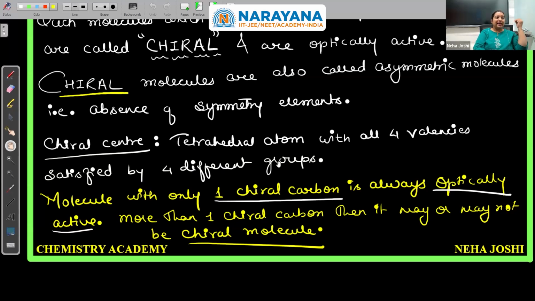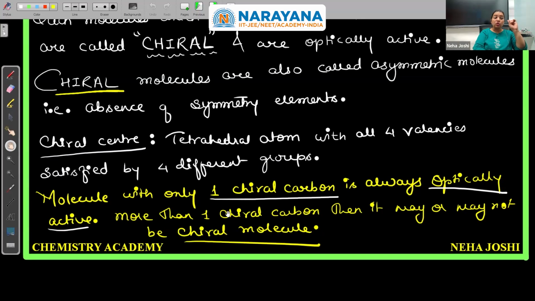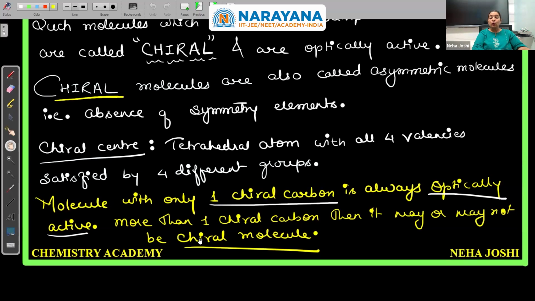Chiral center: a tetrahedral atom with all four valencies satisfied by four different groups is called a chiral center. A molecule with only one chiral center is always optically active, but with more than one chiral center it may or may not be, due to the possibility of mesomerism. That we have to check.